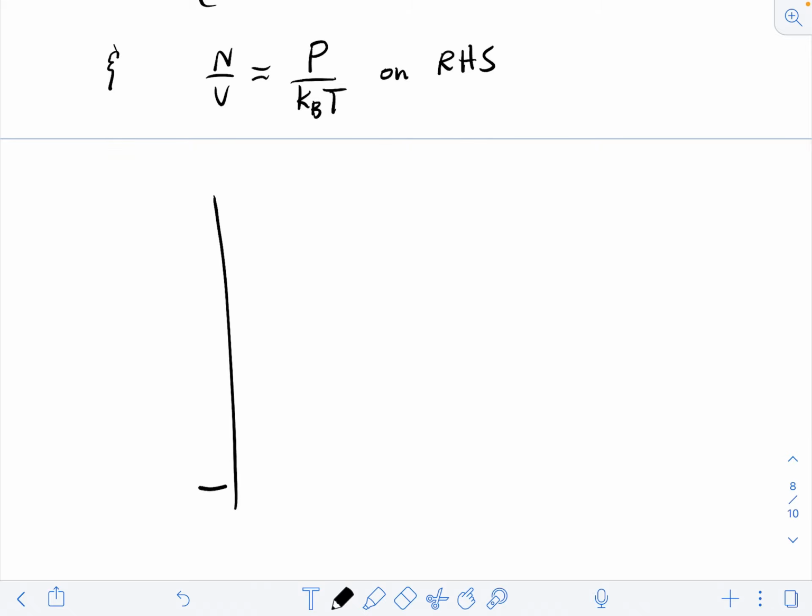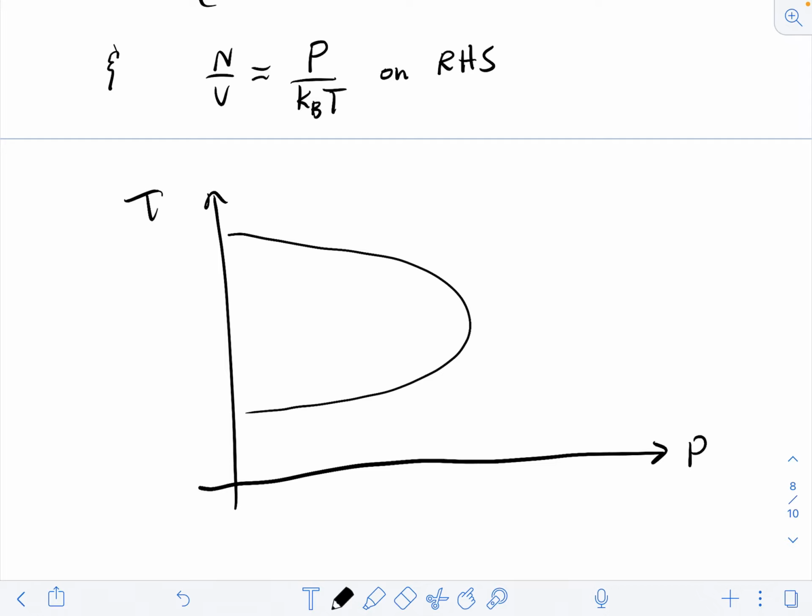Your calculation is going to be a little bit more difficult, but what you should find is that if you make this diagram of temperature versus pressure, and you try to show how the Joule-Thomson coefficient is behaving, you'll find this little bubble.